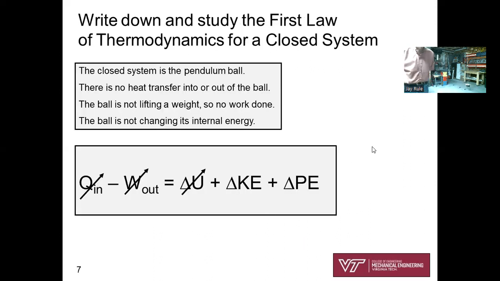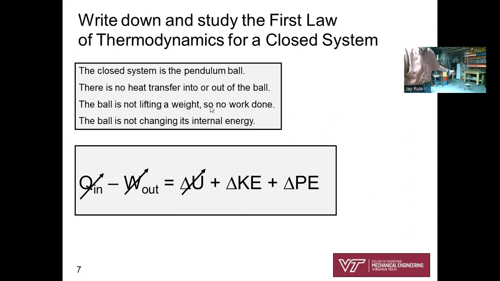The next thing we're going to do, coming right out of thermo class, is write down the first law of thermodynamics. The closed system is the pendulum ball. You're looking at it with your eyes: there's no heat transfer associated with this process. The system is moving, isn't it?